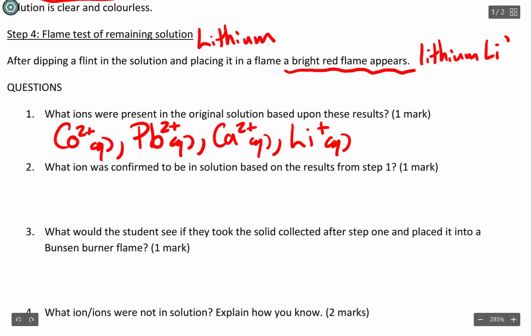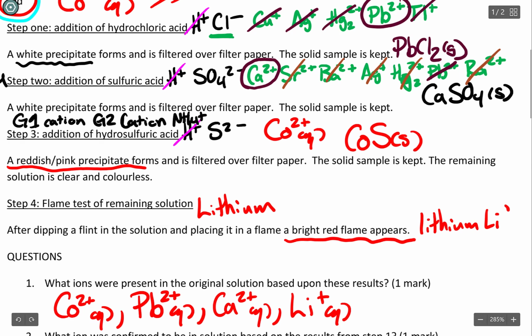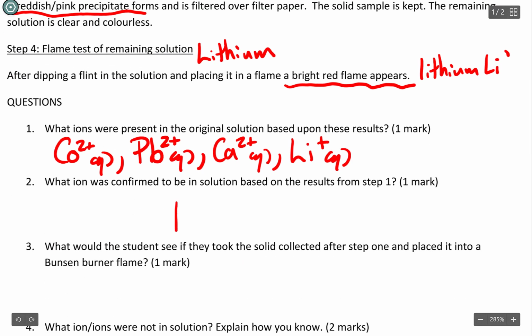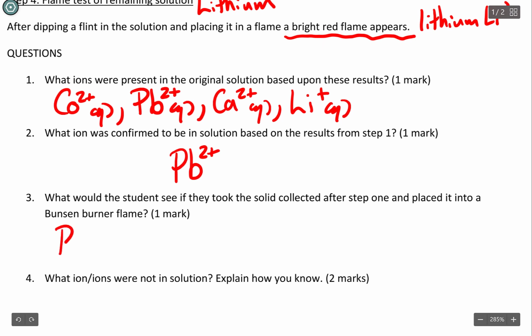Then it says, what ion was confirmed in the solution based on the results in step 1? So going back to step 1, we added hydrochloric acid, it removed the lead, so we know it was Pb2 plus. What would the students see if they took the solid collected after step 1 and placed it into a Bunsen burner flame? So what we would do is we would look up lead on our flame test color list because that's what we have.